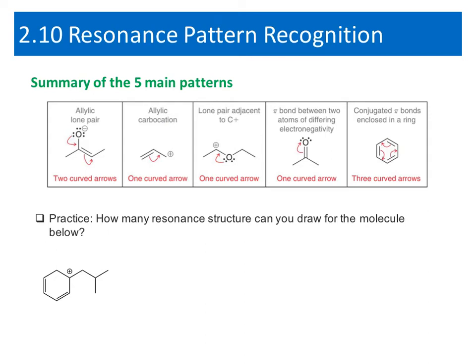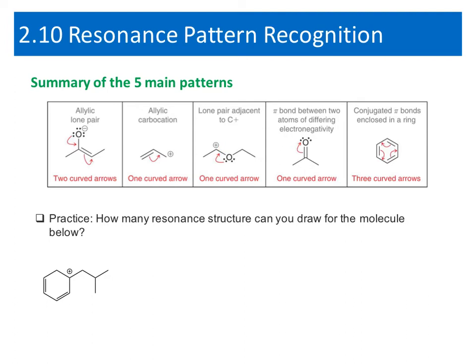So in allylic carbocation, we only use 1 curved arrow, from the pi bond to make a new pi bond. Then we have a lone pair adjacent to a carbocation, so we are using that lone pair to make a pi bond with 1 curved arrow.